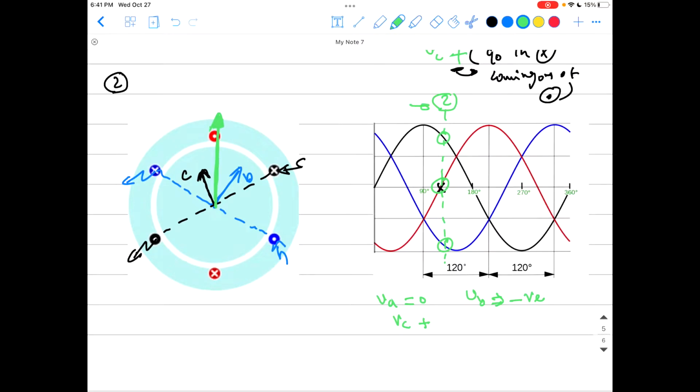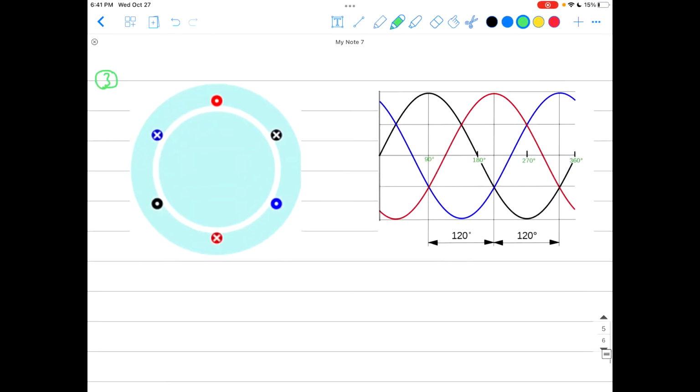I'll go here and place my instant number 3. Okay, so starting here, that was 1, and there, that was 2. I'm moving with time to instant number 3.